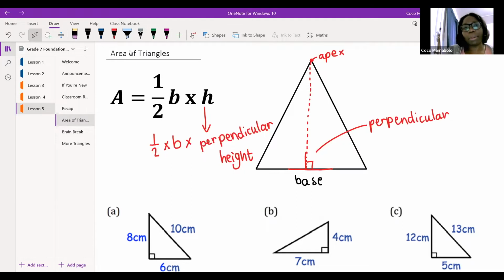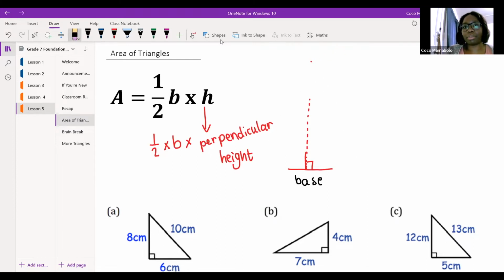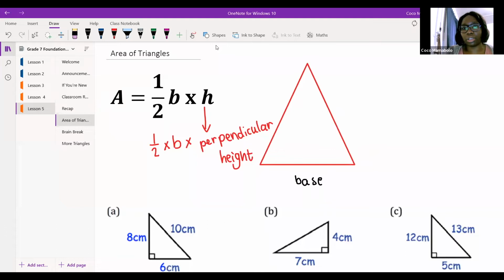All right. So Orlando, what I mean by my perpendicular height is, let's say for instance, we want to calculate the area of this particular triangle. I will draw the triangle again. There is my triangle. I tell you that my base is 8 centimeters long, and my perpendicular height is 4 centimeters.